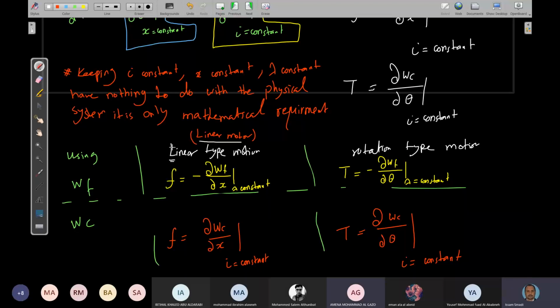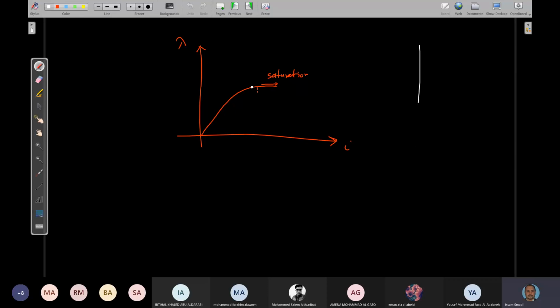But if the magnetic circuit is linear, and here I will plot a linear magnetic circuit, then omega F is equal to omega C. But for a nonlinear magnetic circuit, omega F is not equal to omega C. This is about the magnetic circuit, not the linear or rotary motion. Understood? So don't mix the motion type and the magnetic circuit type.